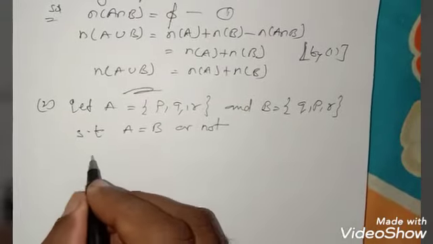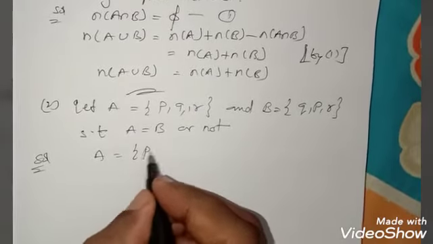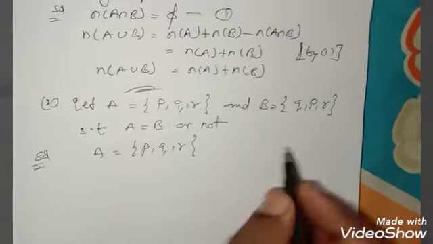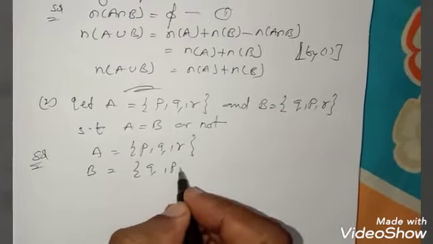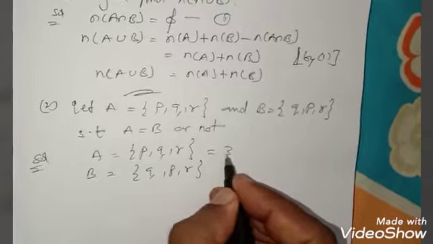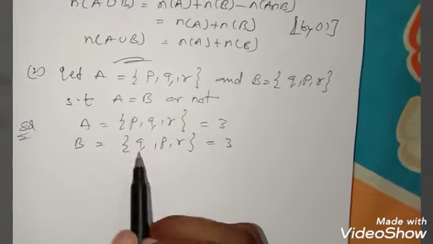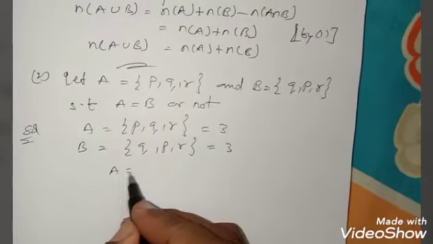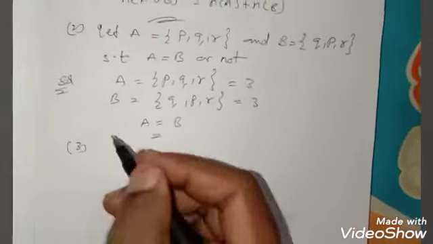Here A and B consist of three elements. As the elements of both the sets are equal, we can say A is equal to B.